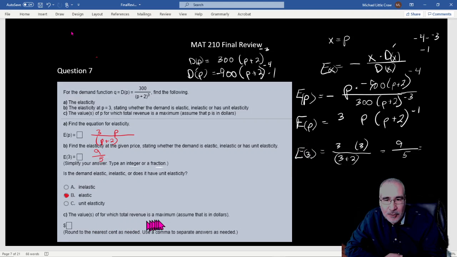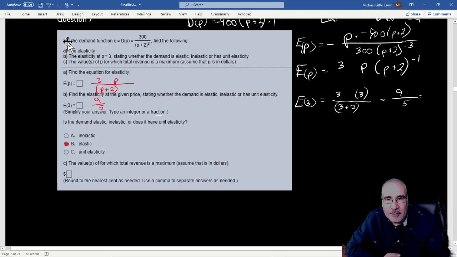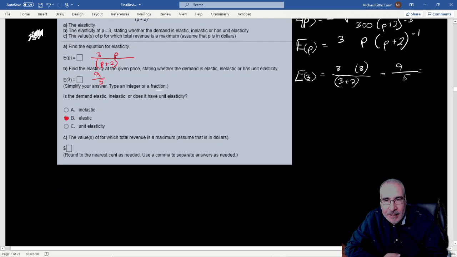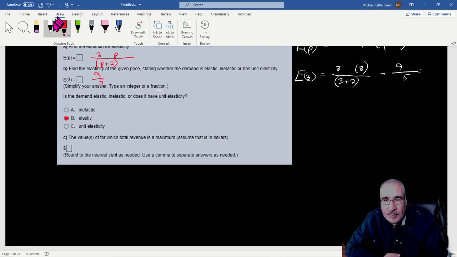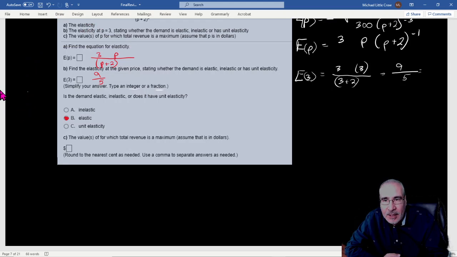So the value for which the total revenue is a maximum. And what we're going to do is we take our elasticity function, 3p over p plus 2, and so let me scroll up a little bit. We're going to set that equal to 1. Go back to here. Just 3p over p plus 2 equals 1. And I just did it that way.